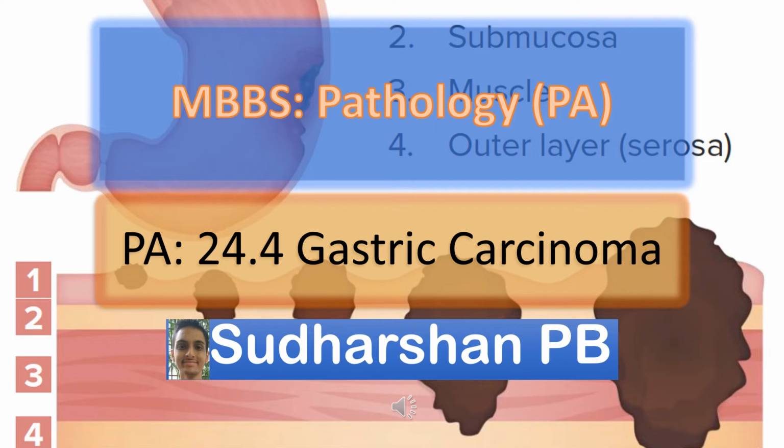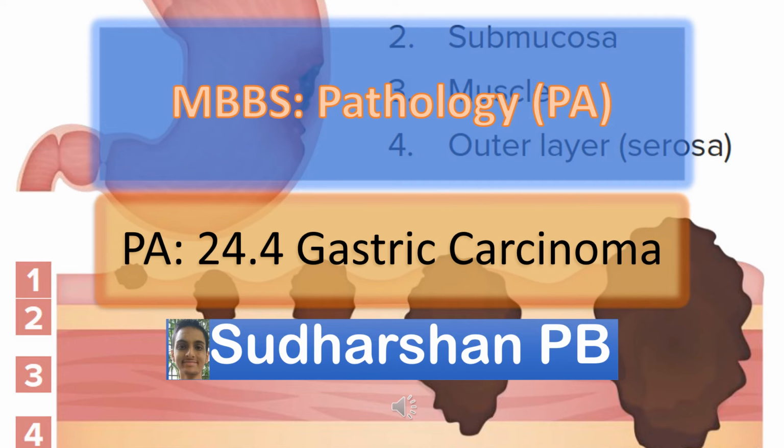Other forms of gastric carcinoma will be lymphomas, leiomyosarcoma, and carcinoid tumor. And with respect to the clinical features, initially it is asymptomatic, the patient doesn't experience symptoms, and later we can have GI symptoms like abdominal pain, nausea, vomiting.